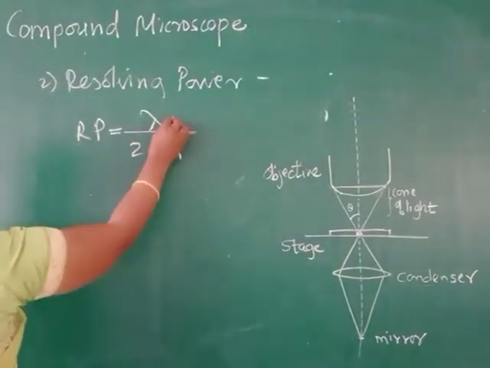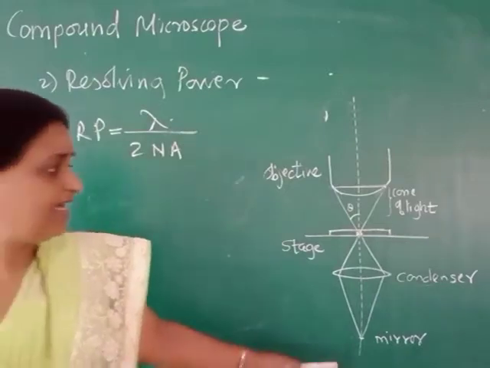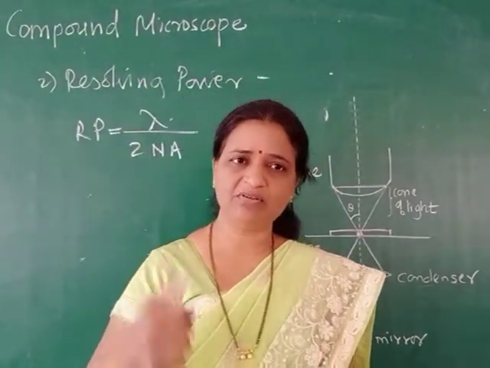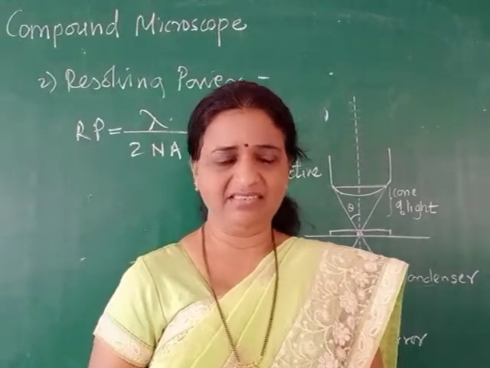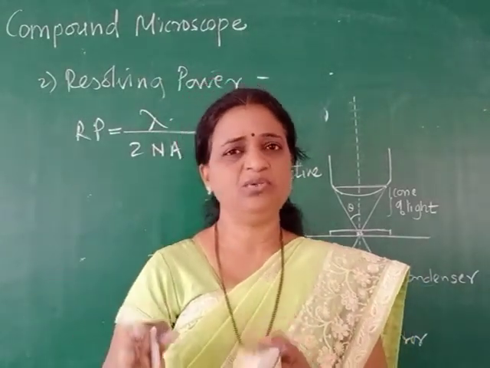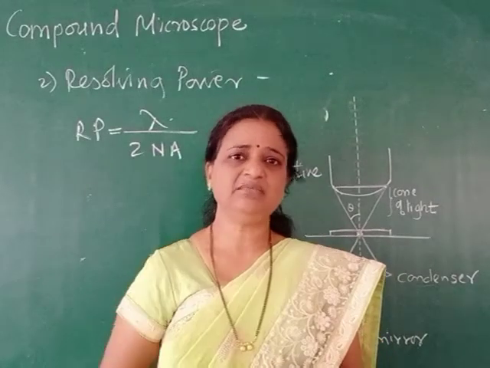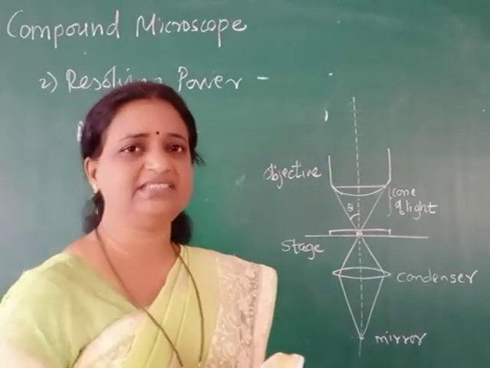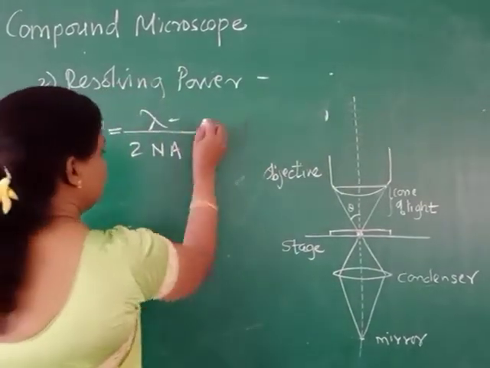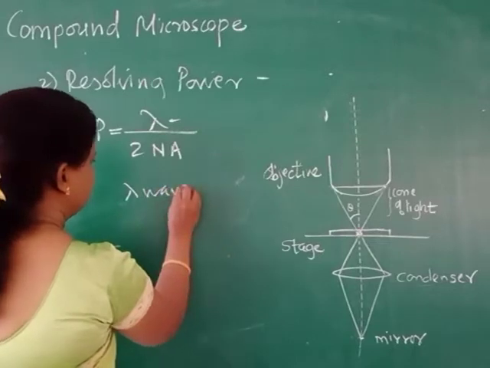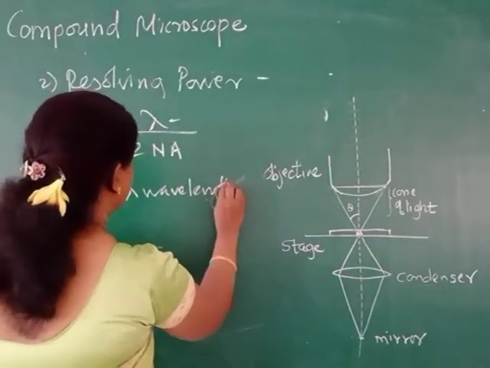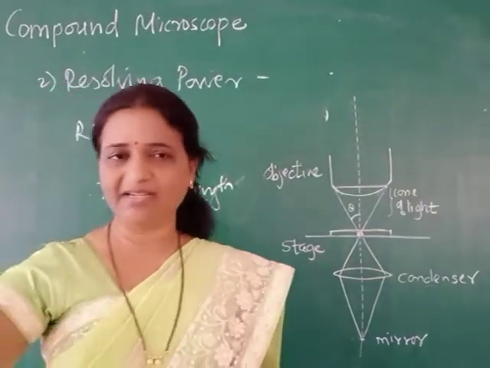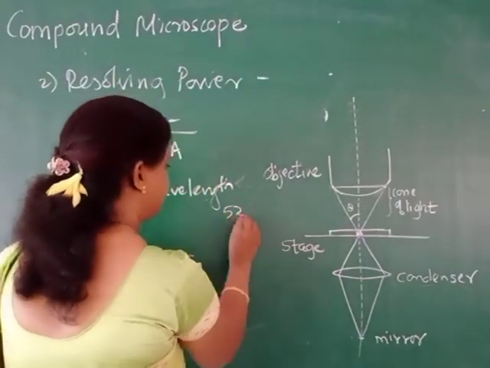Lambda is the wavelength of light used in the microscope. Our microscope works in visible light, the light present in our room. That room is the medium of the microscope, and the wavelength of that light is lambda. We cannot change that lambda. For the compound microscope, the wavelength of visible light used is 530 nanometer.